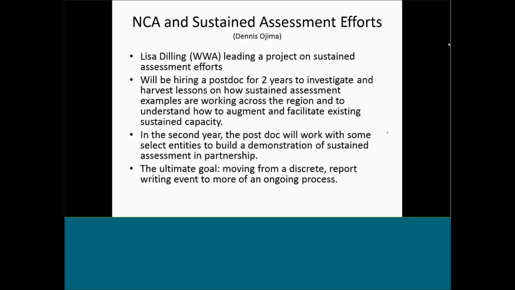We're also thinking one of the first goals of this post would be what Dennis was just describing, working in our region, and we include the cooperative region that we have with North Central and the hub as well, for cases that show what has bubbled up before and after the last national assessment that could inform the next assessment.